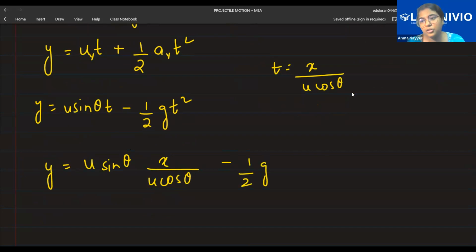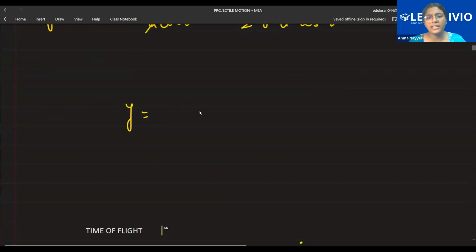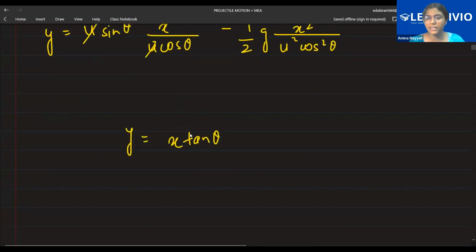If t is x by u cos theta, then t square will be x square by u square cos square theta. u will be cancelled. We have our final value of this equation. y is equal to x tan theta. Why tan theta, class? Because here we have sine theta by cos theta, right? So that is tan theta, minus g x square divided by 2 u square cos square theta.